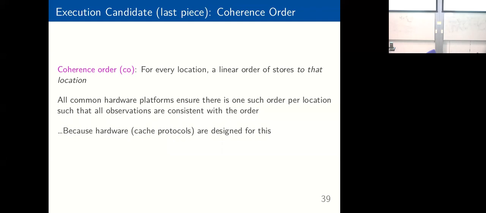That store comes before in time, before in causality, all of this kind of thing. And I would like to have the same kind of picture whenever I draw coherence as well. So if I write 1 and then I write 2, and I want 2 to be the last value for this location, all of these are to the same location, then I will draw my coherence order CO in that direction. Again, sort of intuiting a notion of time.